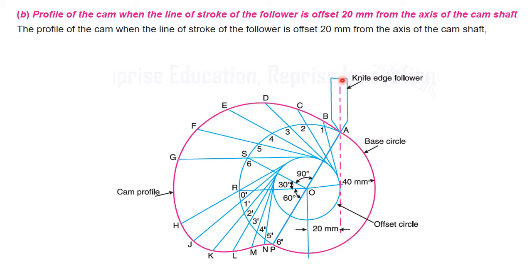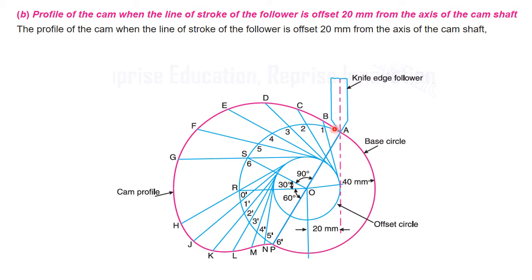Then we divide that length into 6 equal parts. Again we mark those points: that is A, then B, C, D, E, F, and we take equal distances. If the total length is 40 mm, that 40 mm is divided into equal parts.